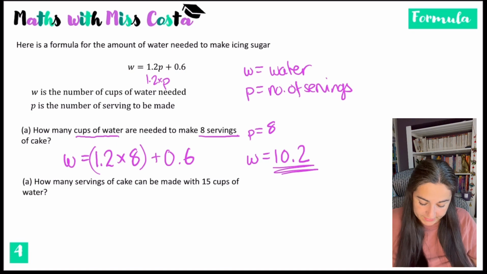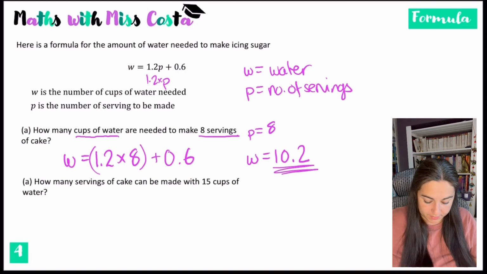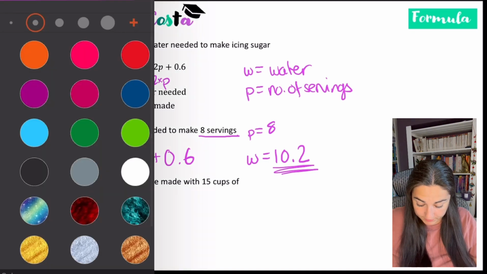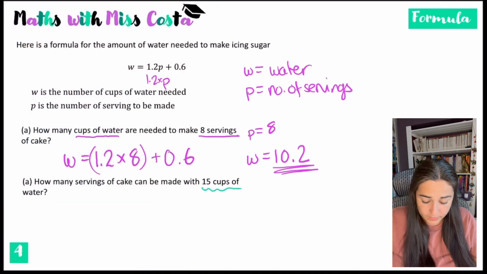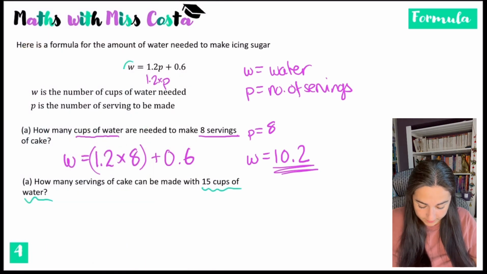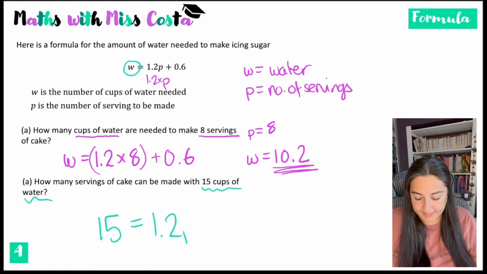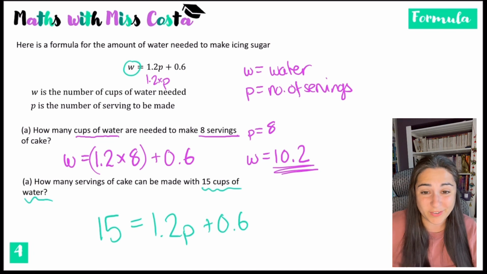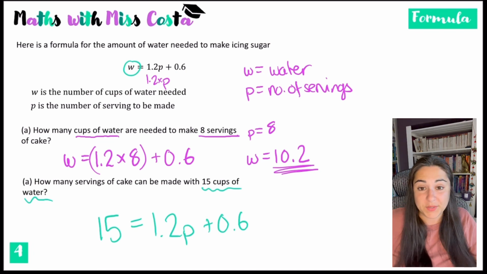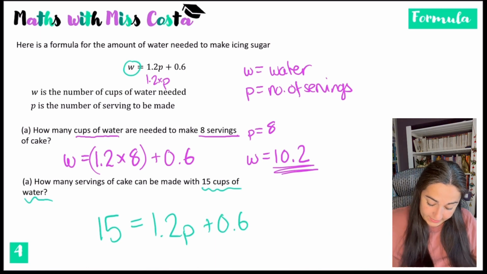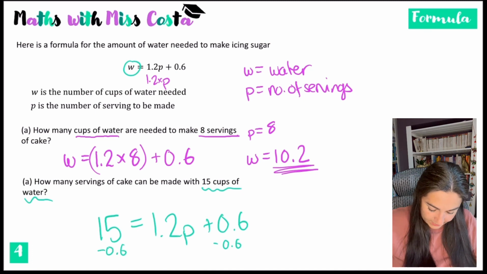And then how many servings of cake can be made with 15 cups of water? So it's the cups of water you've been given now. So where we see W, we're going to write 15. And 15 is 1.2p plus 0.6. Now, sometimes with the formula, you're going to need to rearrange it. So in this case, that's what we need to do to find the value of p. So we take 0.6 from both sides. So 15 take 0.6 would leave you with 14.4 equals 1.2p.